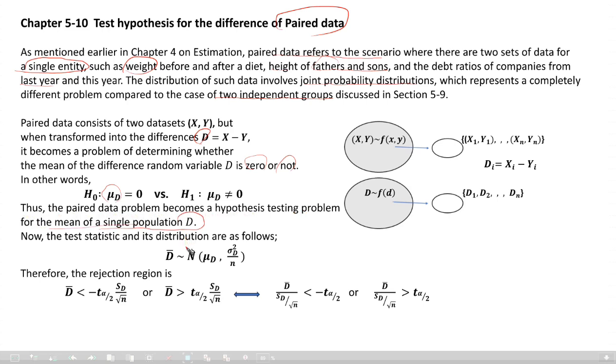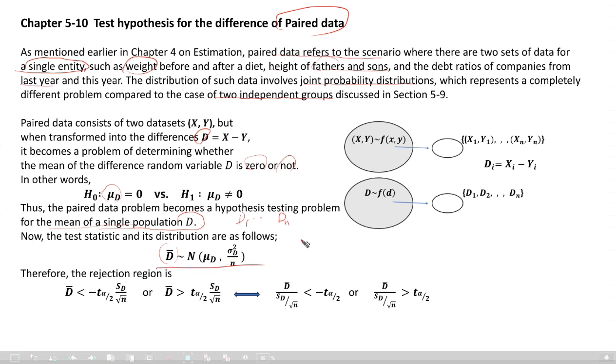Thus, the paired data problem becomes a hypothesis testing problem for the mean of a single population d. Understand that? Now, the test statistic and its distribution. The test statistic is what? Sample D1, D2, ..., Dn, its mean, D bar, is the test statistic. It follows a normal distribution with mean mu d and variance sigma d squared over n.